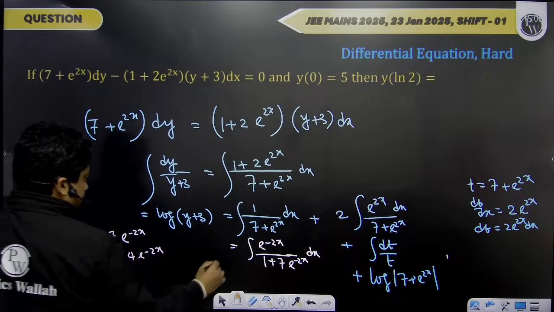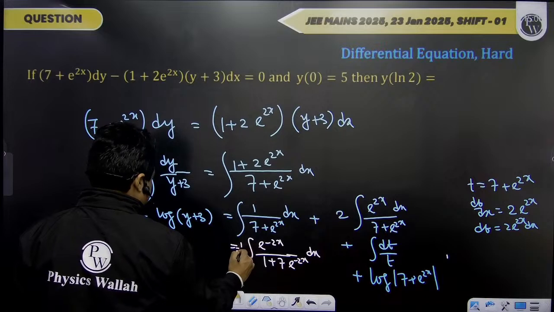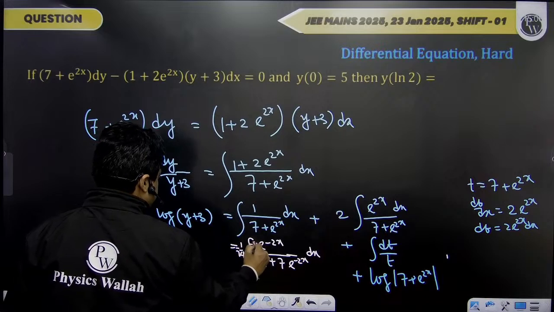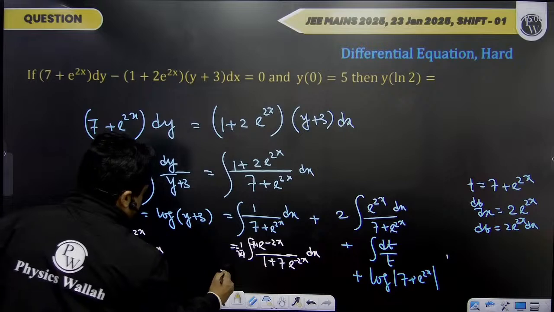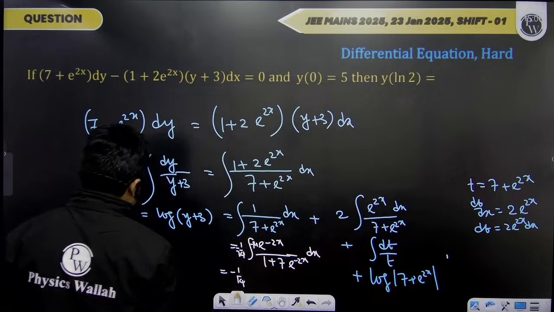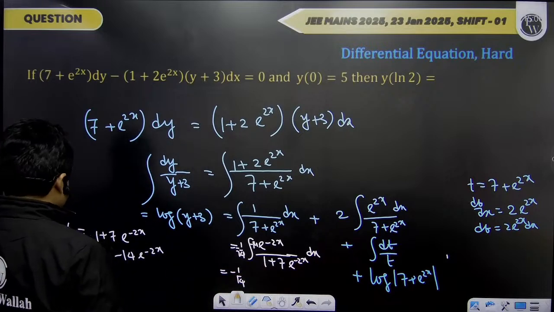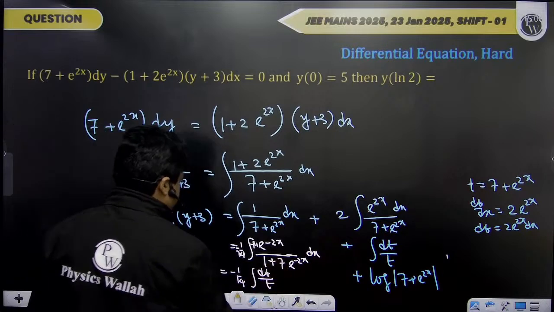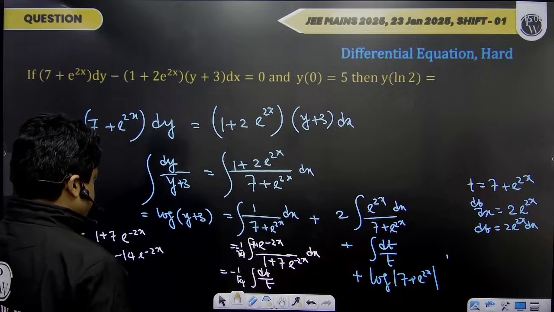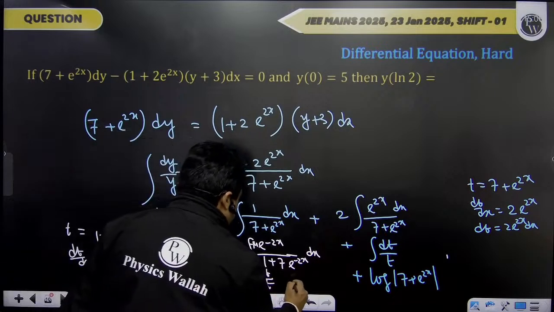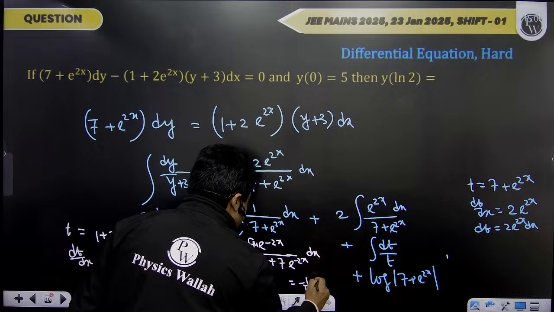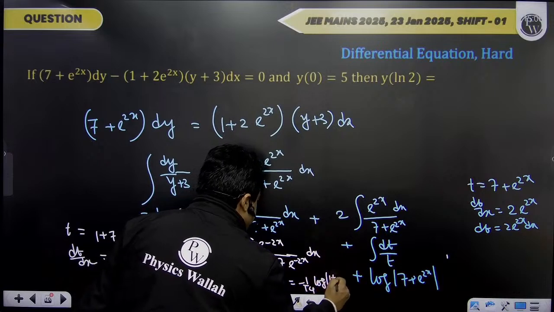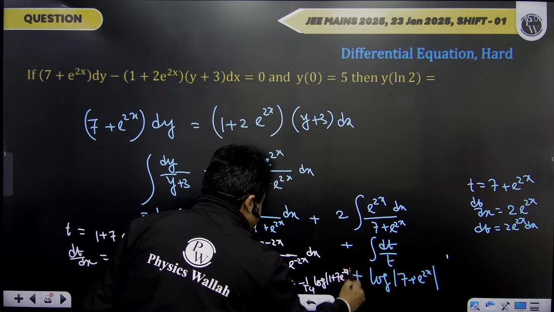So I'll multiply by minus 1/14 and minus 14. So this will be equal to minus 1/14 into minus 14e^(-2x) dx equal to dt. So this will be dt/t, which is log t. Once again, this will be equal to minus 1/14 into log of (1 + 7e^(-2x)).